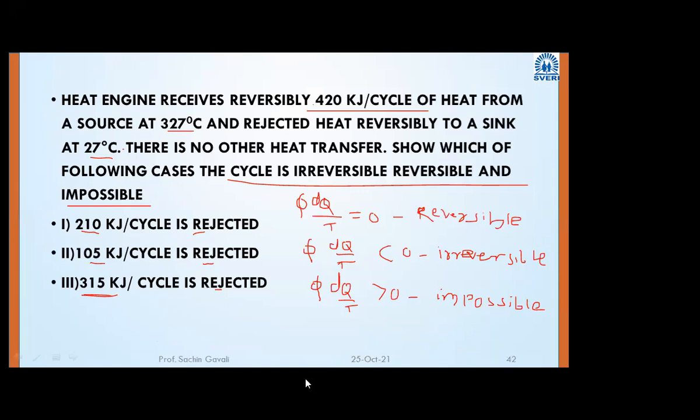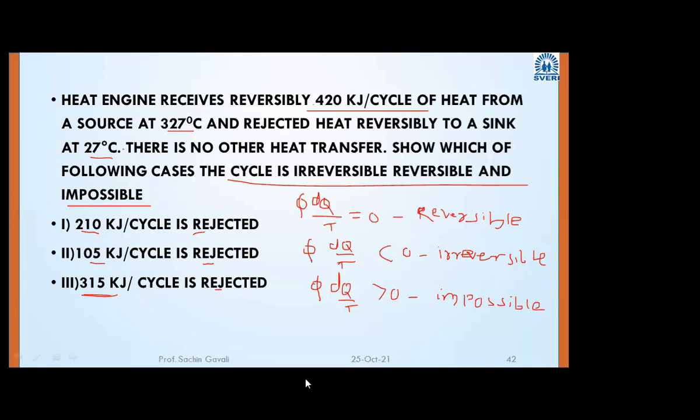Okay, so today this problem. I think we have not solved this problem. A heat engine receives reversibly 420 kilojoule per cycle of heat from a source at 327 degrees Celsius and rejects heat reversibly to a sink at 27 degrees Celsius. There is no other heat transfer.